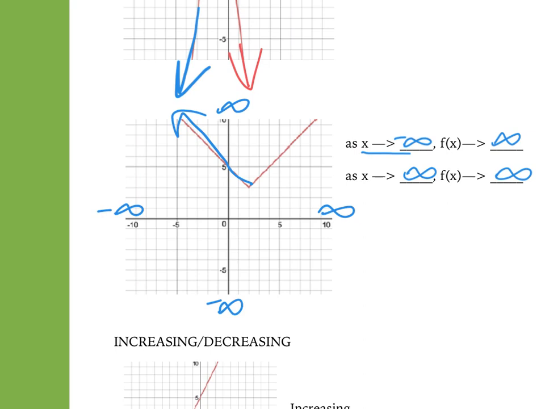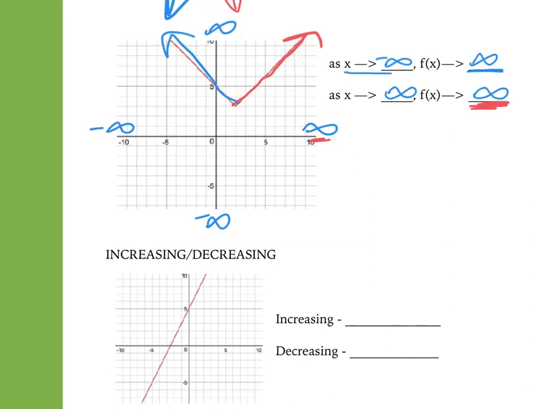Yep. So that's why it's the second blank. And then the same thing on the other side. As x goes to the right, it's approaching positive infinity because it's going right forever. It's also going up forever. Does that answer your question? Cool. Any other questions on that?